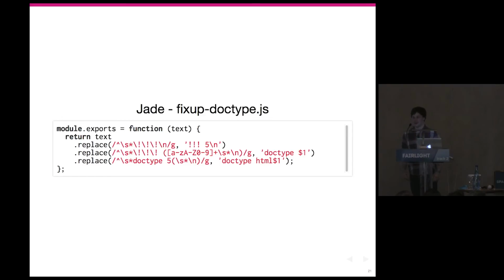Well, it turns out you can automate the process of fixing code that relies on this deprecated feature with a function just like this. So this takes the string of some file and does some simple regular expression replacements to say, anywhere where you see 3 exclamation marks and the number 5, put doctype HTML. And it also catches a few other similar syntaxes that we deprecated at the same time.